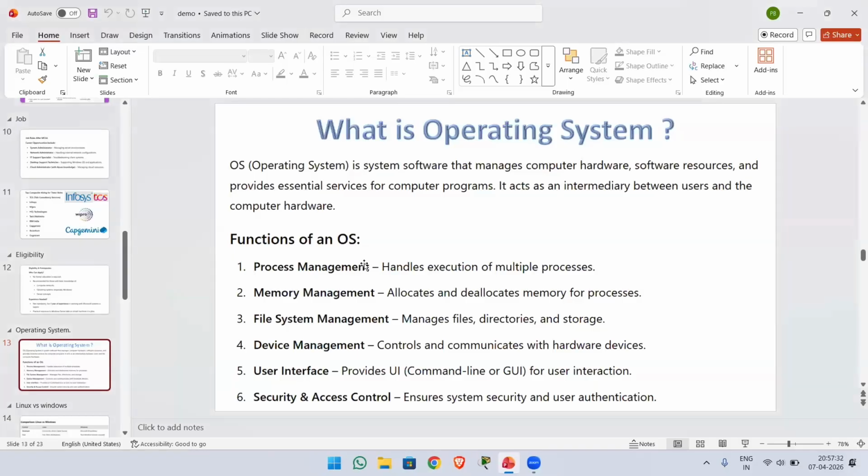So the user interface is also managed by your operating system. We have two popular options for the user interface, GUI and CLI. So this is also a function of our operating system.